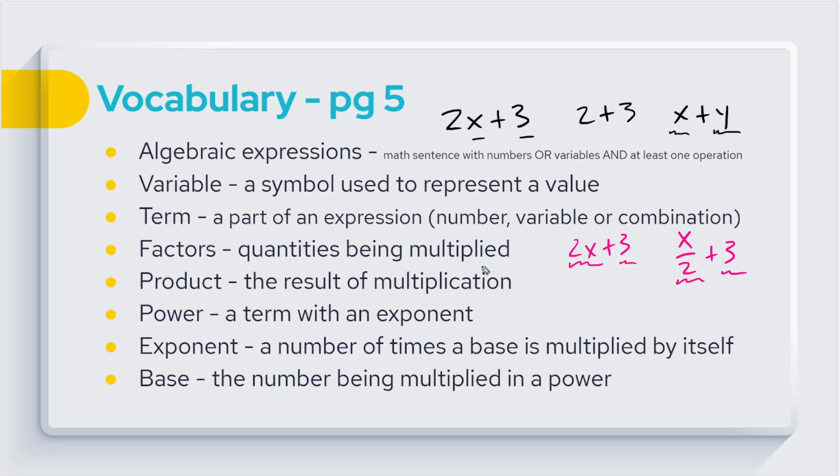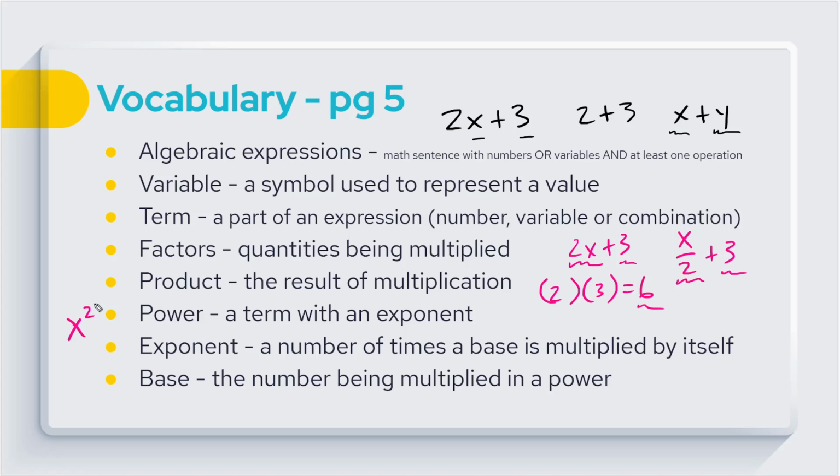Factors are quantities being multiplied, like 2x or 2 times 3. The product is the result of multiplication, so 6 here is the product. Power, exponent, and base, I should just do all these together. If we have x squared, then this is a term with an exponent, so this is a power.